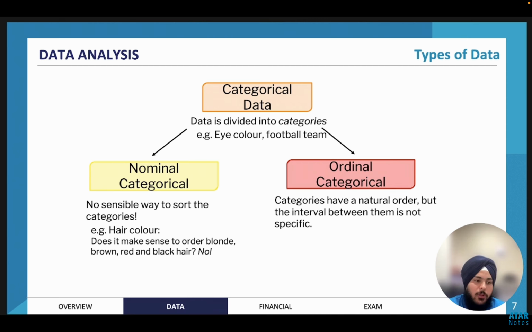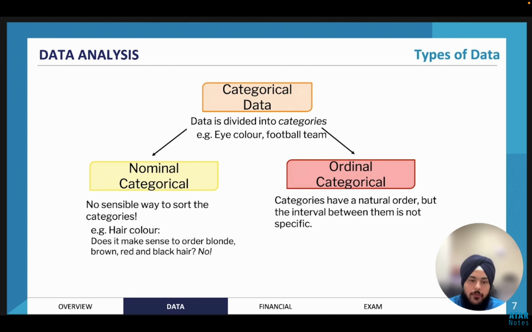Nominal categorical data represents basic categories that usually have no associated order. For example, hair color. We could have blonde, black, brown, but these colors don't really have an associated order. If someone has blonde hair, it doesn't mean their hair color is above a different hair color. So it's just basic categories which have no associated order.